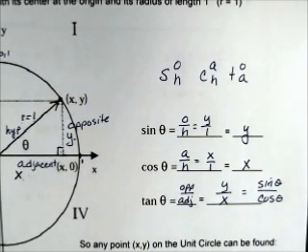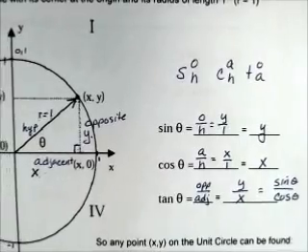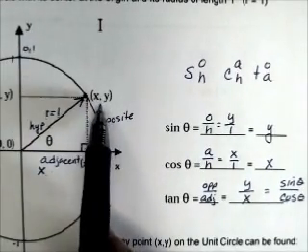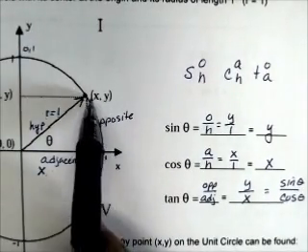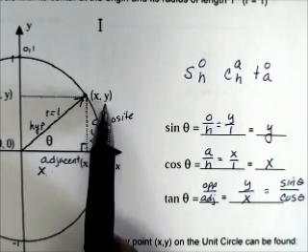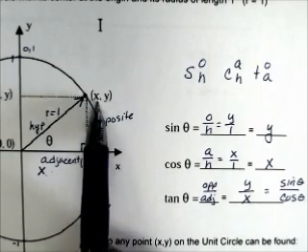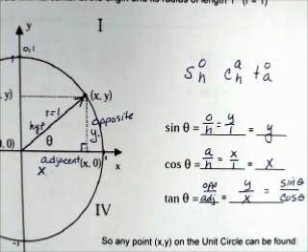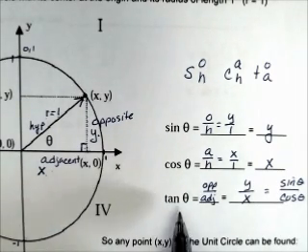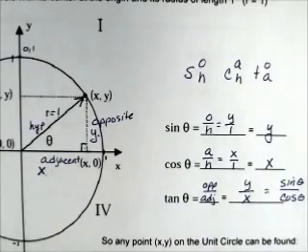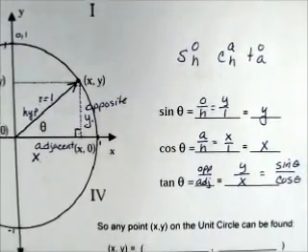So sort of three new things to remember. When you're looking at the coordinates of a point that is on the unit circle, the y-coordinate is equal to the sine of your angle, the x-coordinate is the cosine of your angle, and the tangent of the angle is equivalent to sine over cosine.